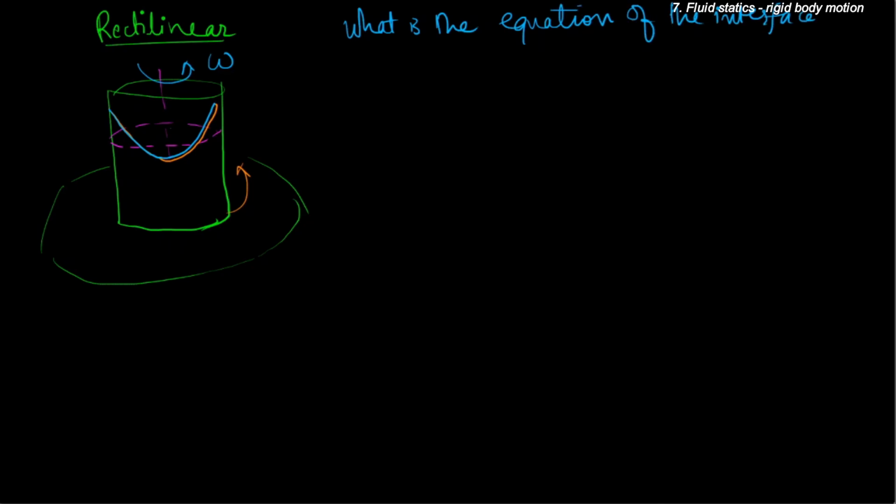It is important for us to acknowledge that this problem is an axisymmetric problem, meaning if I draw a 2D diagram of this, and this is the interface shape, I can choose a coordinate system something like this. This can be r and this can be z, and the theta angle does not appear in our problem.